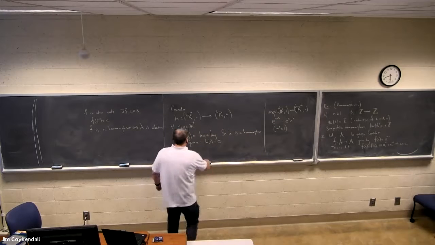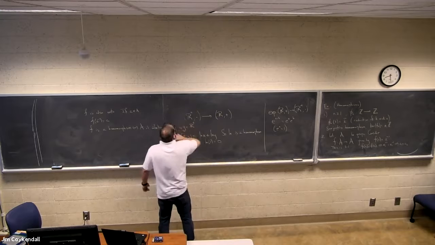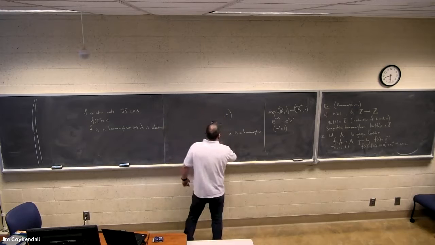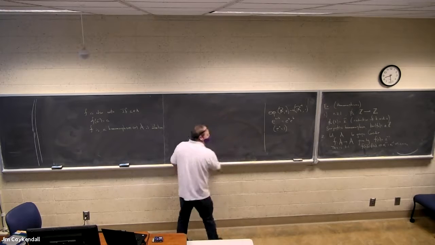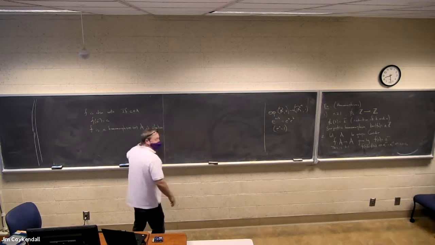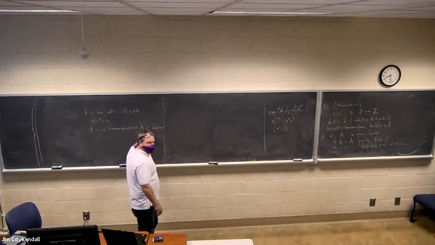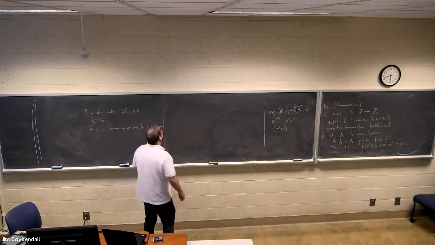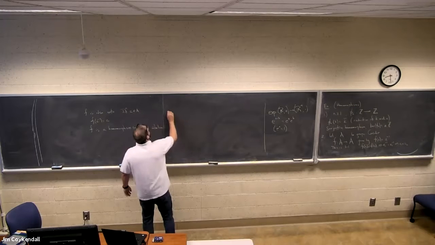Here is another type of homomorphism that is. So in example 2, to make this interesting, to make the motor go, I need A to be abelian. Here's an example where we don't want A to be abelian.